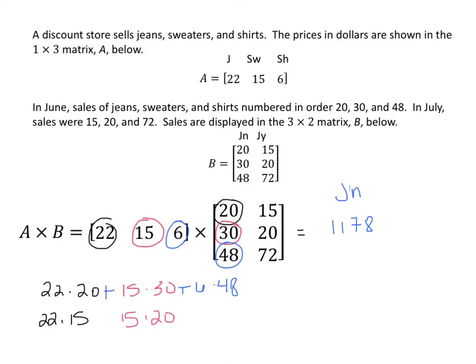And then finally, the price of shirts times the quantity of shirts would be 6 times 72. And then I would add those together. And for that, I get 1,062 would be July. And that's my resultant matrix.